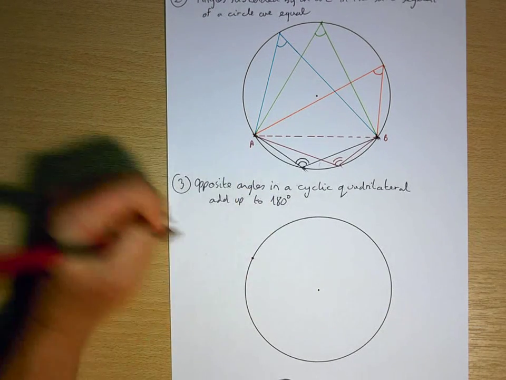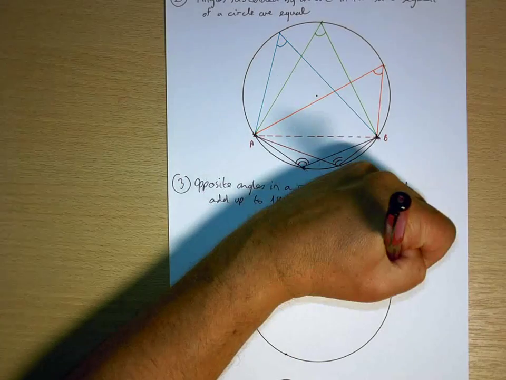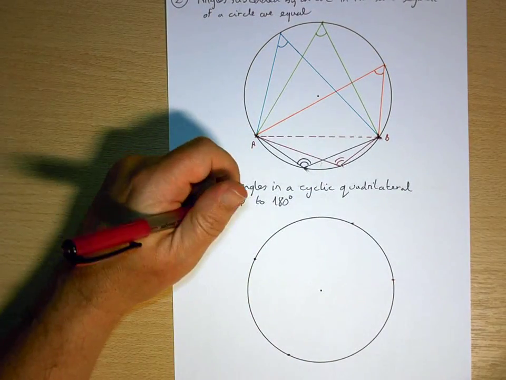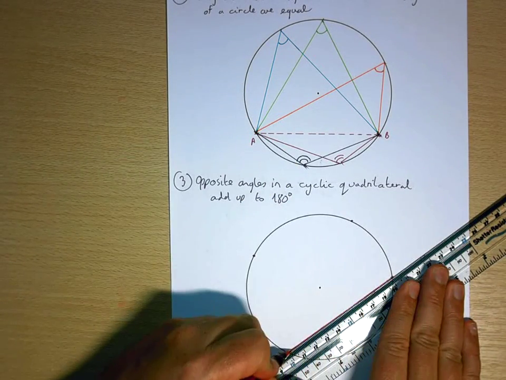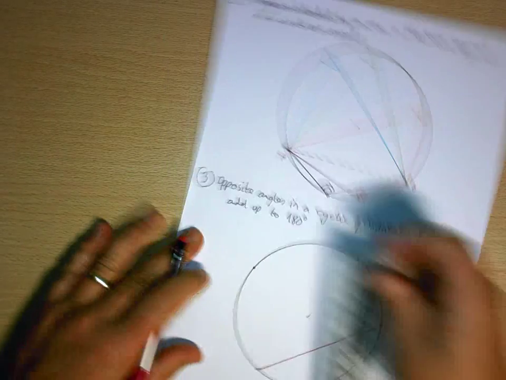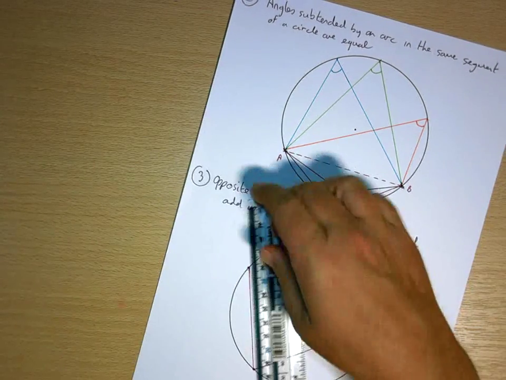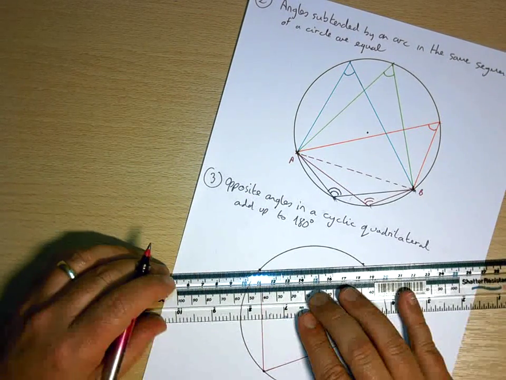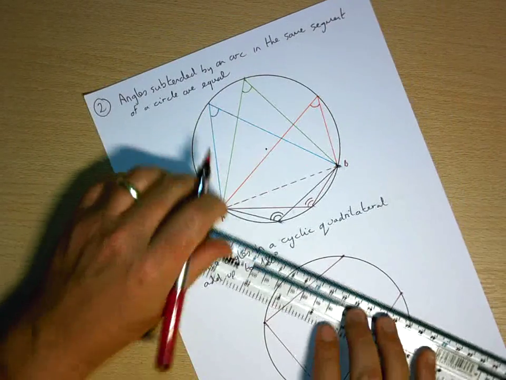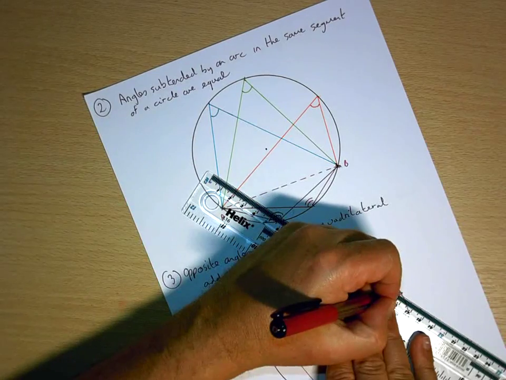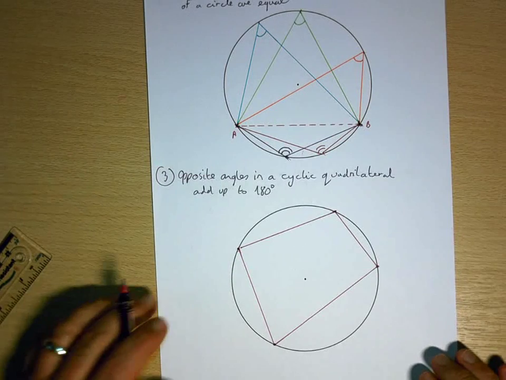So if I put one there, one there, one there, and one there, and join those up, okay, there's nothing regular about that quadrilateral.